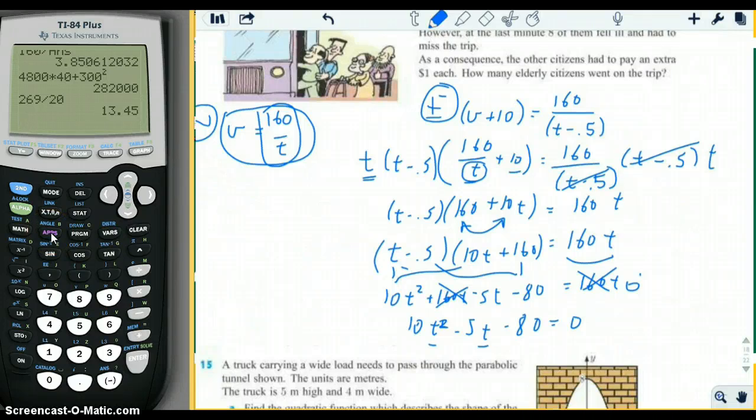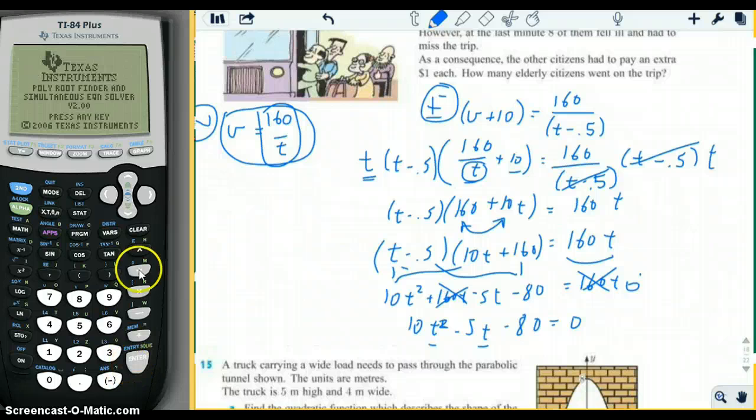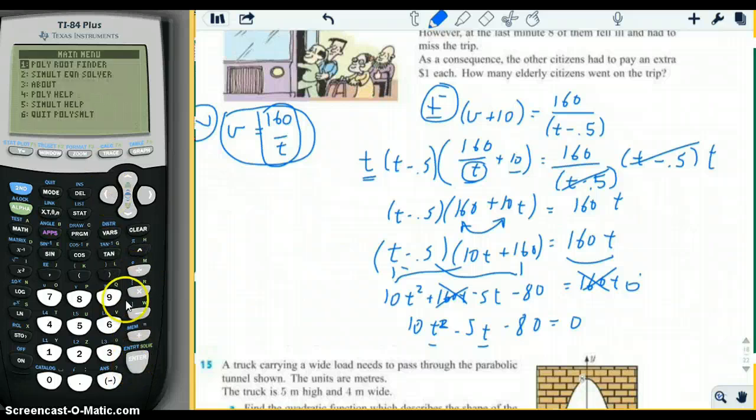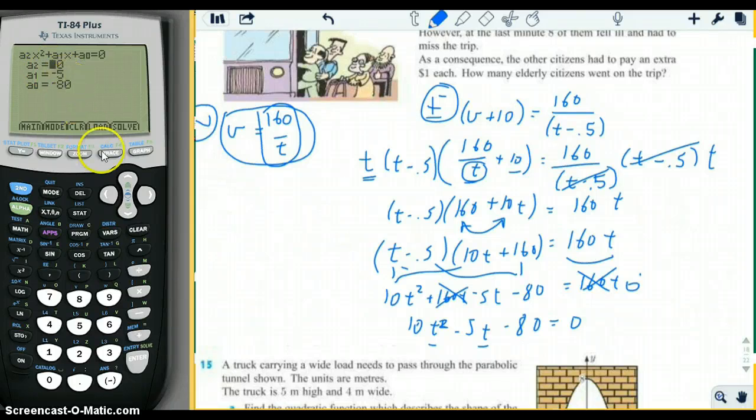If you're allowed to use your calculator on this step, you can use an application called PlySmlt. In PlySmlt, you just say polyroot finder, order 2, because it's a second degree equation. You're going to just type in the coefficients a, b, and c. A is 10, b is negative 5, c is negative 80. I've already typed these in. Okay, and then you just press solve, and it'll do the quadratic formula for you.